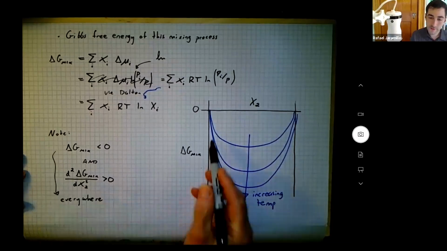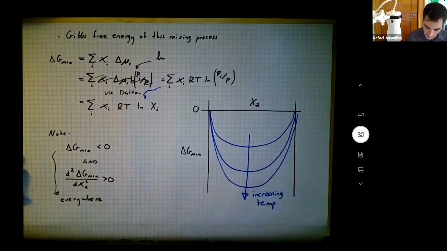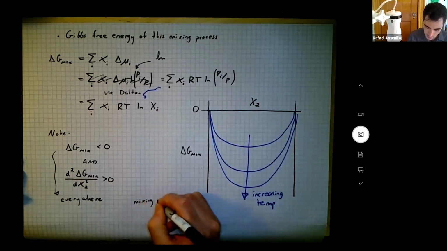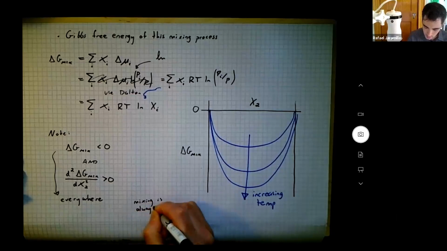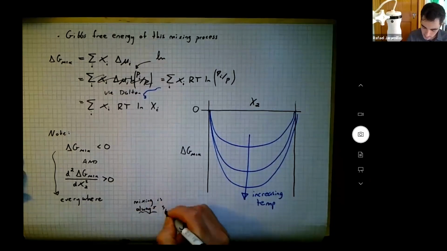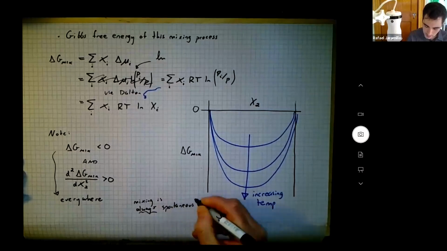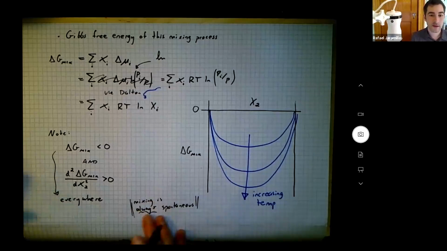That is, it's negative and it's curved up everywhere. And what we're going to see in a couple lectures is that mathematically, this ensures that the mixing is always spontaneous.